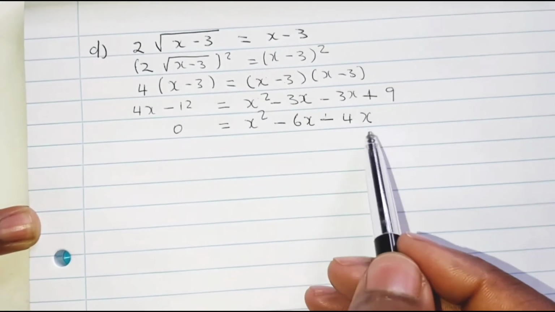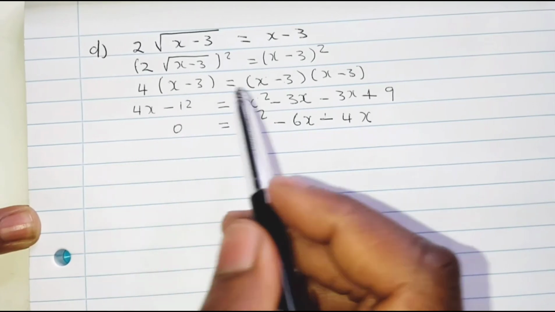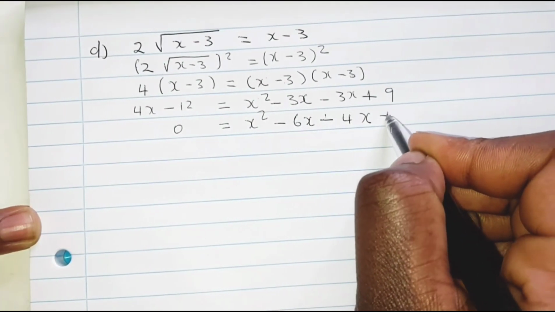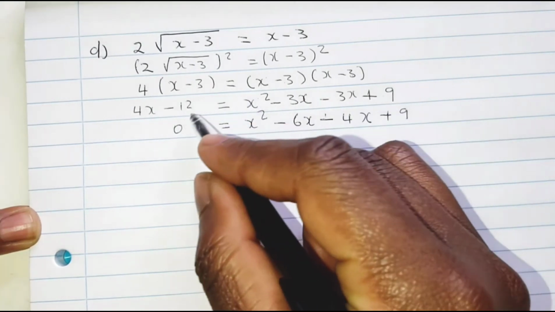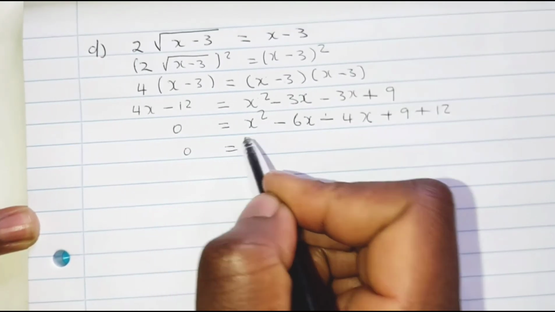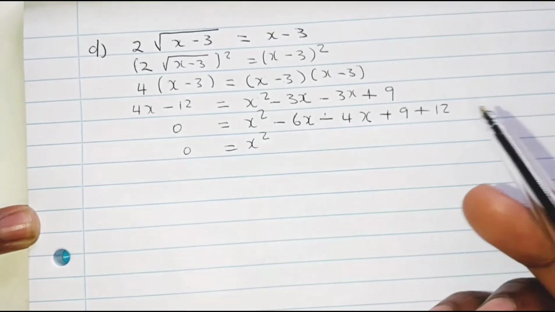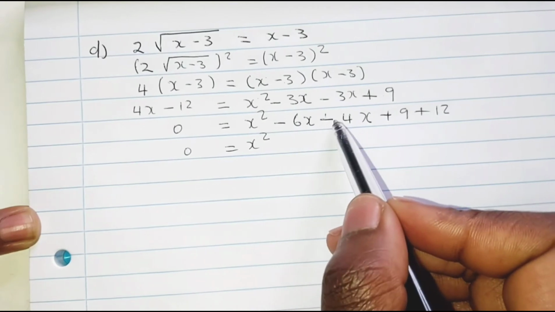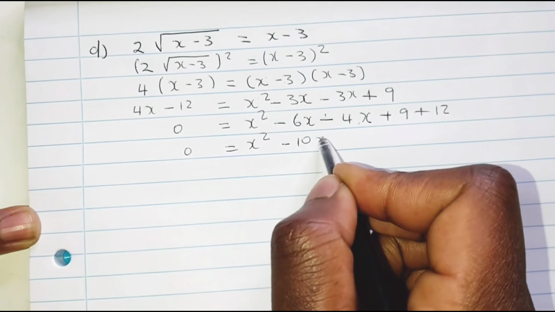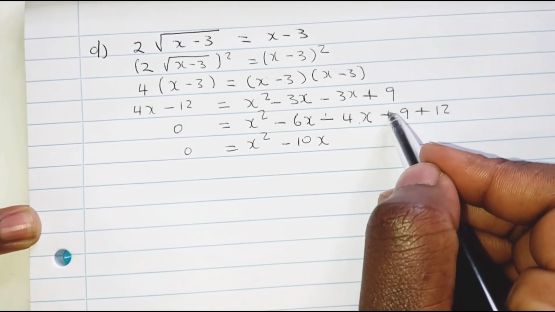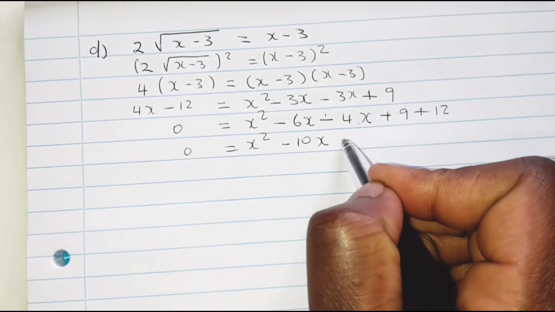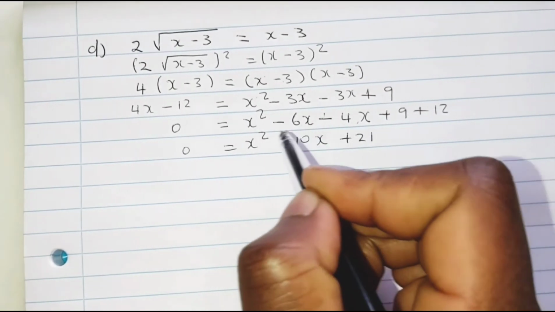We're trying to group all the x's first, plus our 9. When the 12 moves to the side, it's going to be plus 12, right? So 0 is equal to x squared, minus 6 minus 4 is going to give us minus 10x, right? Plus 9 plus 12 is going to give us plus 21, right?